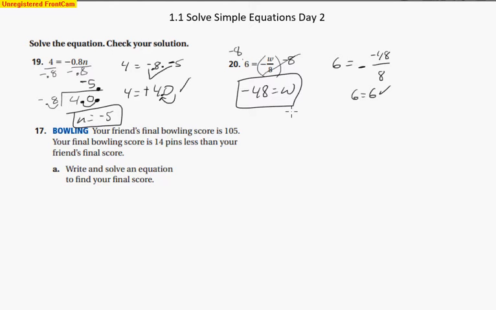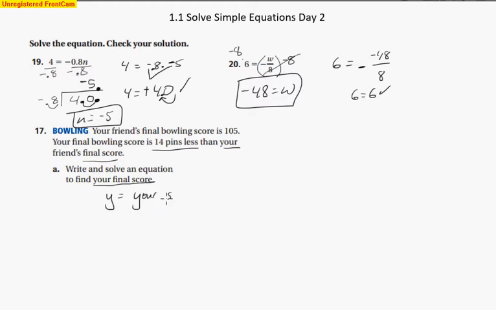So here it says your friend's final bowling score is 105. Your final bowling score is 14 pins less than your friend's score. And so we're supposed to write an equation to represent that. So we want to write an equation to find your score. So let's call y equals your score.